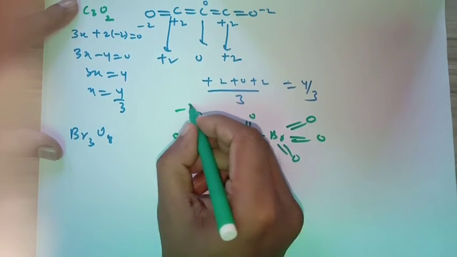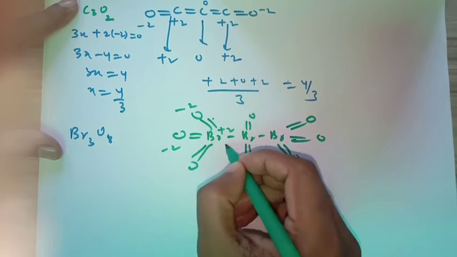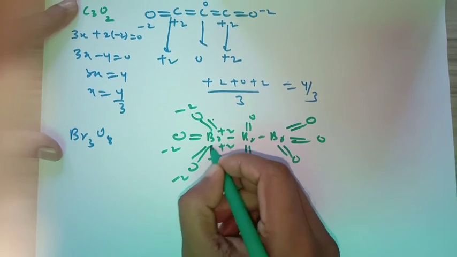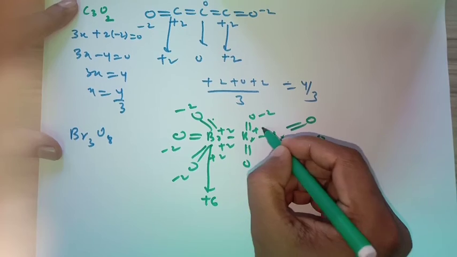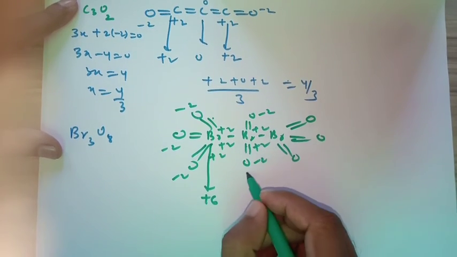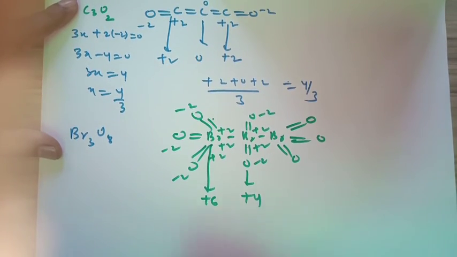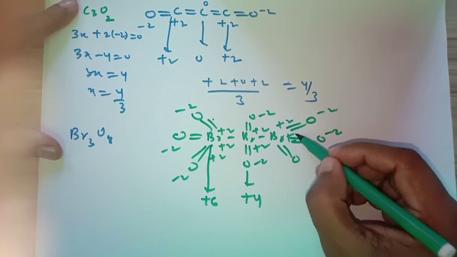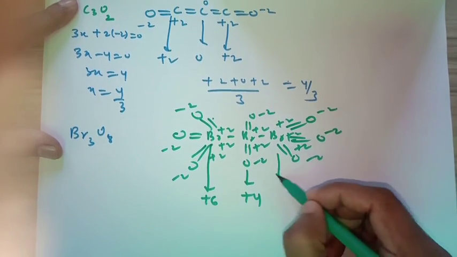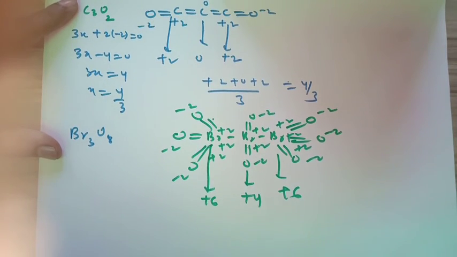We know this will be -2, so this is +2, this is -2, so this is +2, this is -2, +2. So first Br contains +6 oxidation number, second this is -2, so this will be +2, this is -2, so this will be +2, so this will contain +4. For this is -2, this will be +2, this is -2, this is +2, this is -2, this is +2, so this will also contain +6 oxidation state.